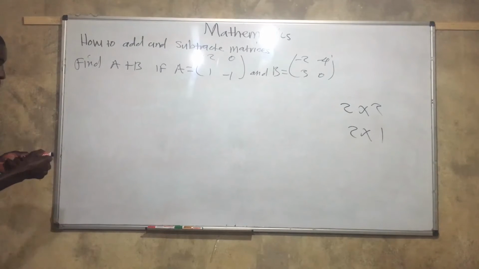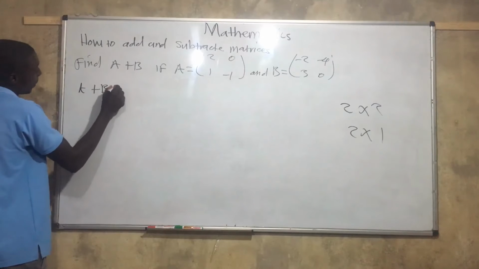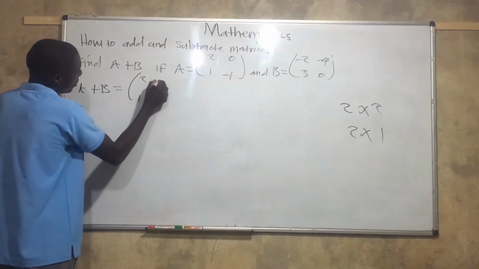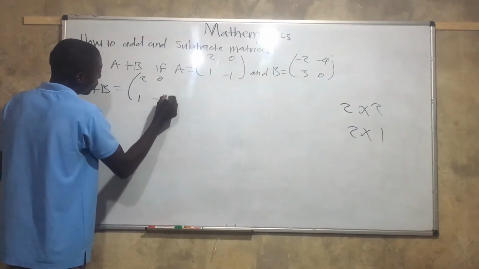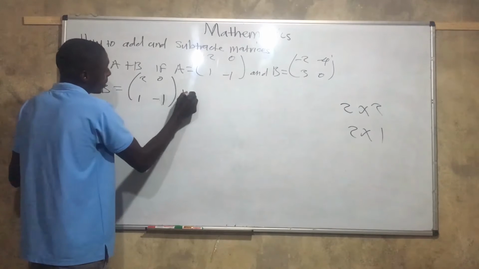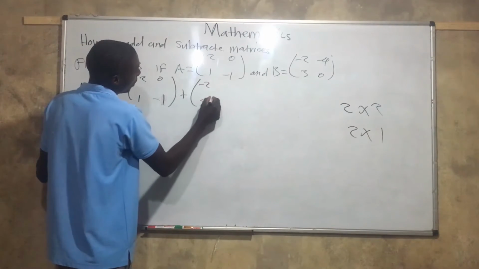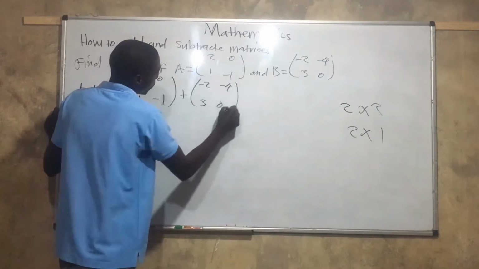So if you are told to add, you will say A plus B is equal to matrix A, 2, 1, 0, negative 4, negative 1, plus B, which is negative 2, 3, negative 4, and 0.